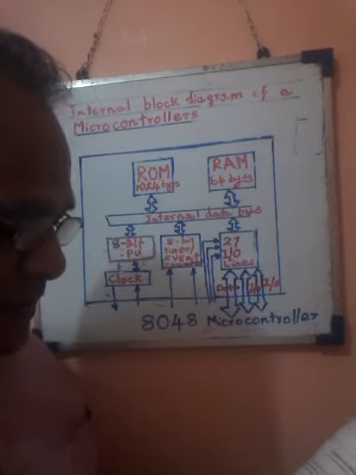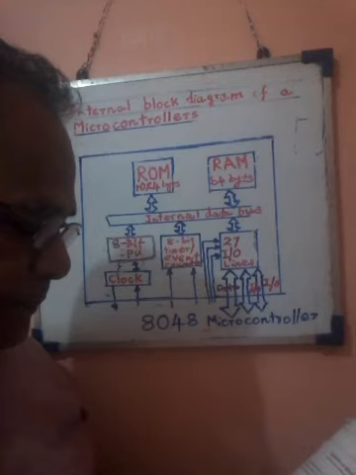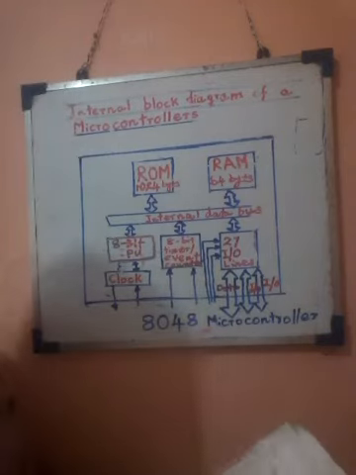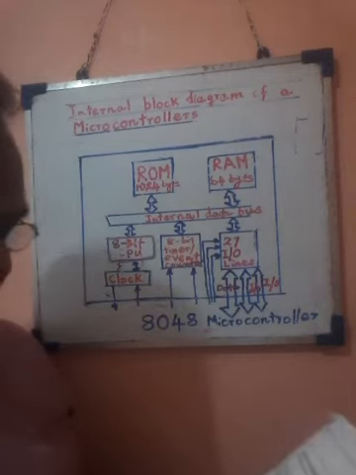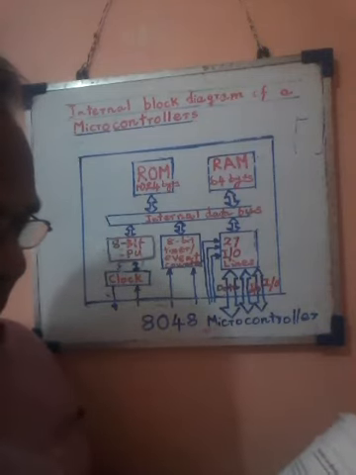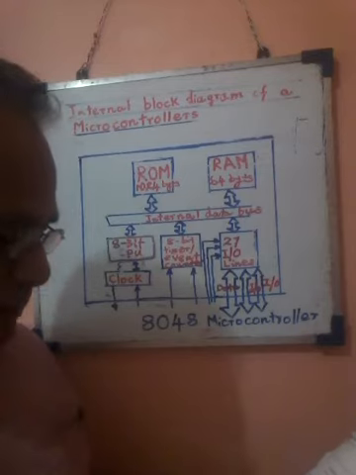The microprocessor doesn't have I/O ports on the chip; it is on the motherboard. But microcontroller chips always have one or more I/O ports for the pin connections.